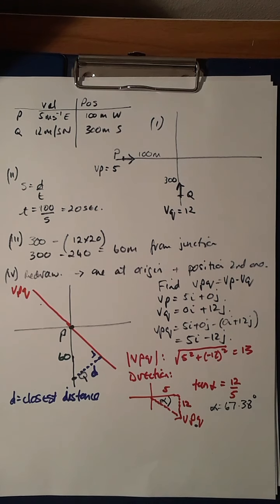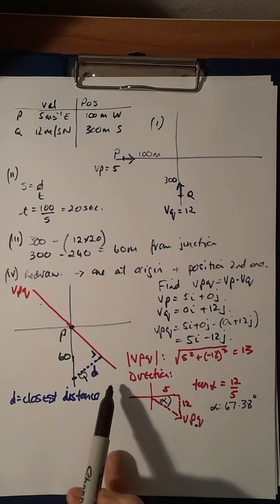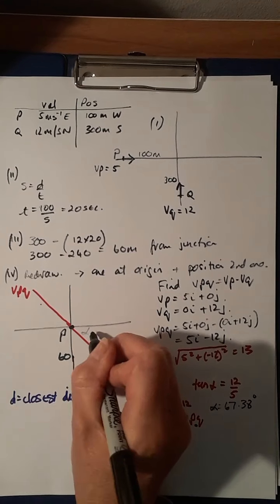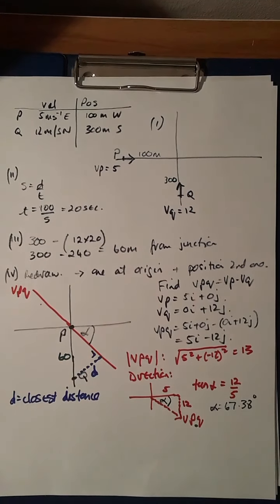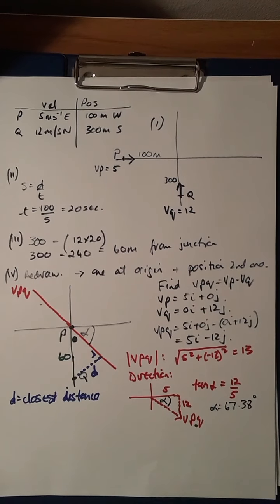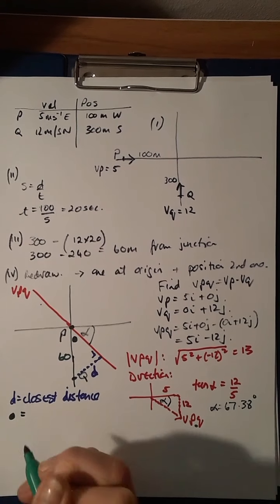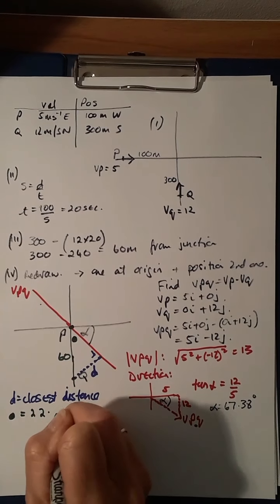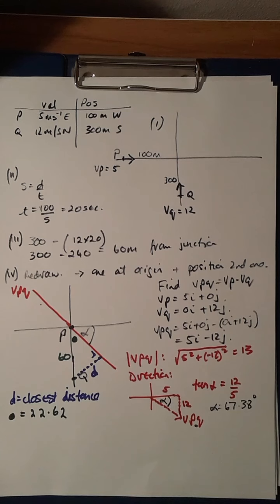But I do know that this red line makes an angle alpha with the positive sense of the i-axis. So I have that alpha there, and I know it's 67.38. If I take that from 90, that will give me this angle here, which is 22.62 to the nearest degree.